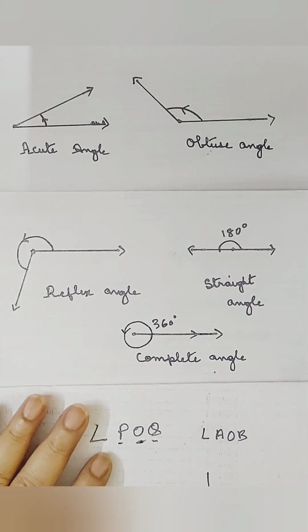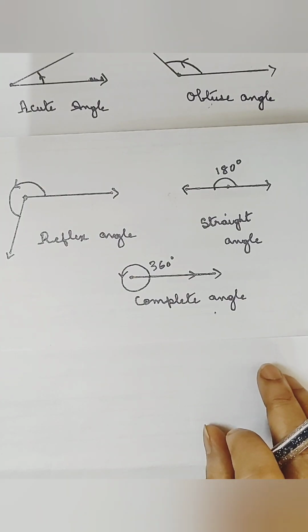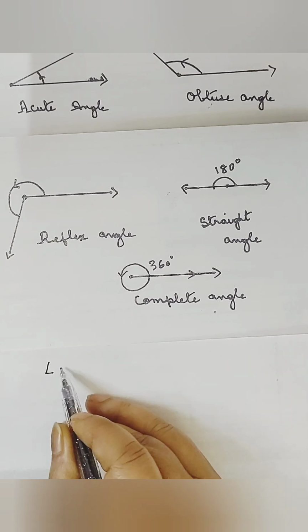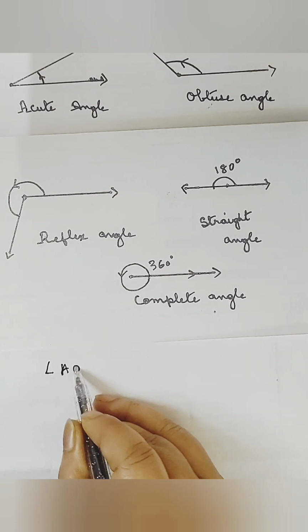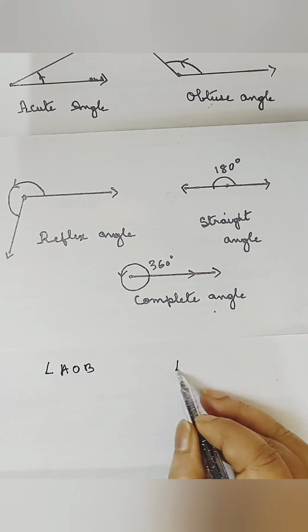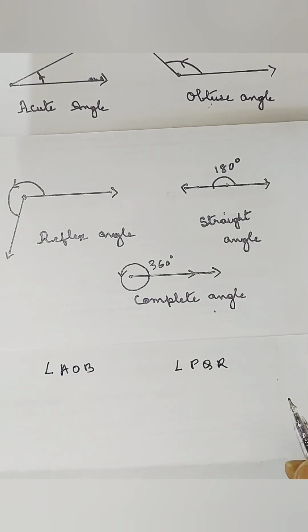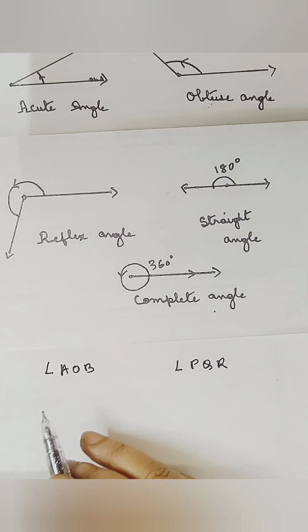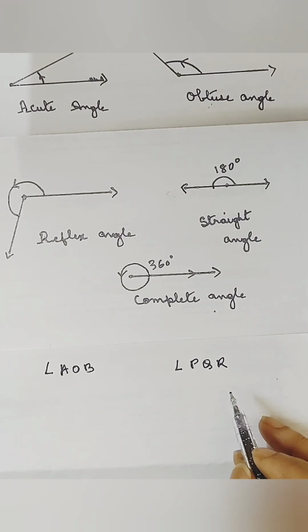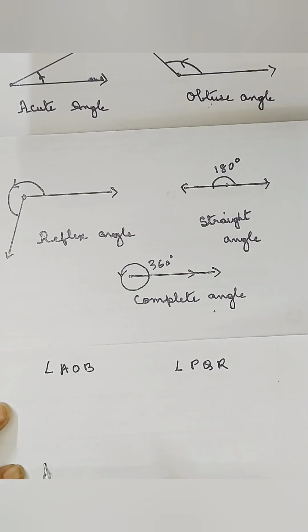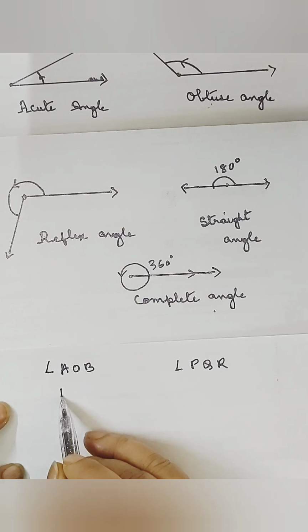Okay. When your teacher asks you to write, say, angle AOB or angle PQR, and you are asked to draw a diagram, how will you draw that? Now see, all of you know that in an angle, two arrows meet at a point.